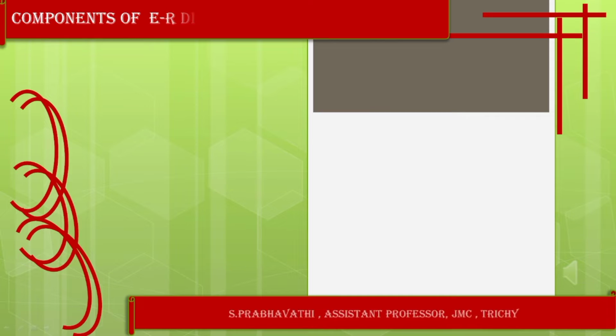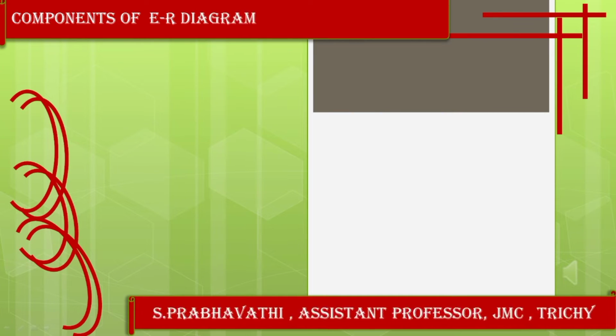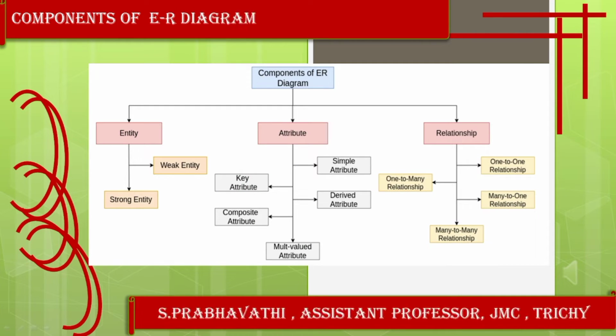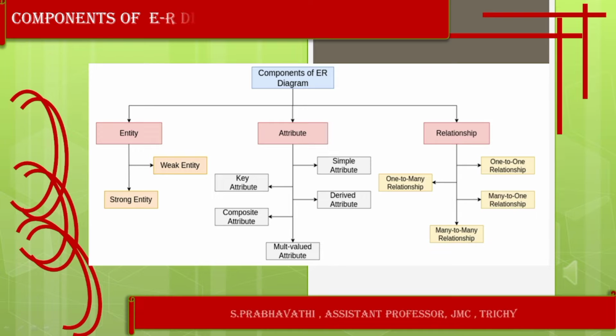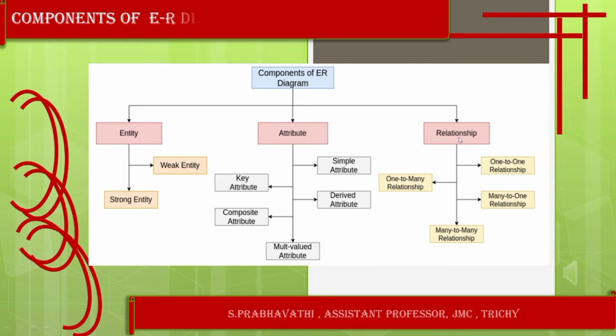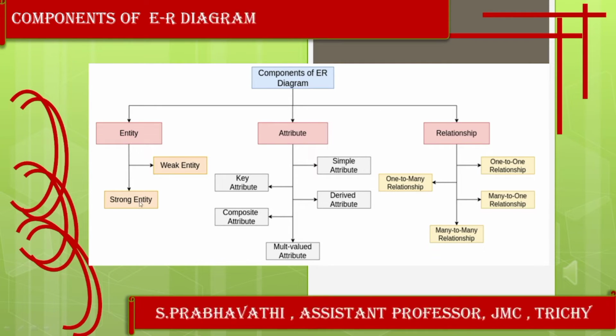Today we are going to discuss components of the ER model. The components of an ER diagram are entity, attributes, and relationship. Entity is further divided into weak entity and strong entity.